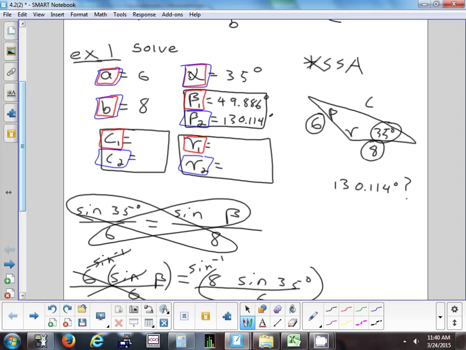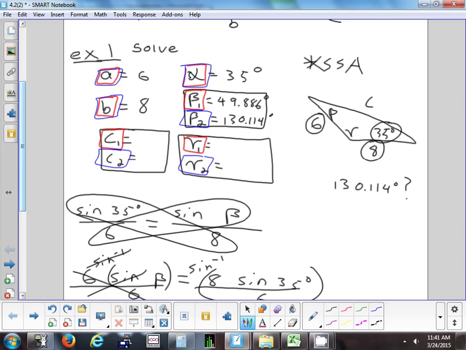Okay? All the little numbers, all the ones, beta 1, gamma 1, C1, that's a triangle. And then the beta 2, the gamma 2, and the C2, that's a different triangle. Okay, so if you look up there, there should be 6 things in red, 3 sides and 3 angles, and 6 things in blue, 3 sides and 3 angles. 2 separate triangles.